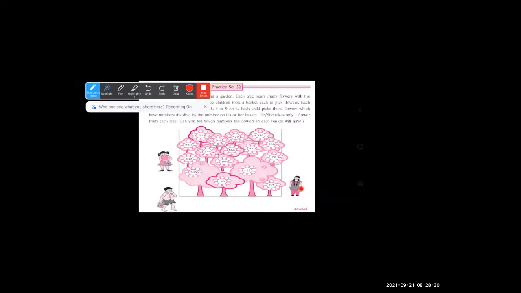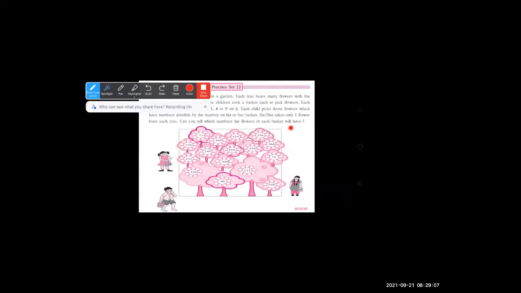Okay, so each child picks those flowers which have numbers divisible by the number on his or her basket. And then he or she takes only one flower from each tree. Remember, if I'm telling 356, then that number will be divisible either by 3, or by 4, or by 9 only. It will be divisible by any one of these numbers only. Okay, can you tell which number the flower in each basket will have?